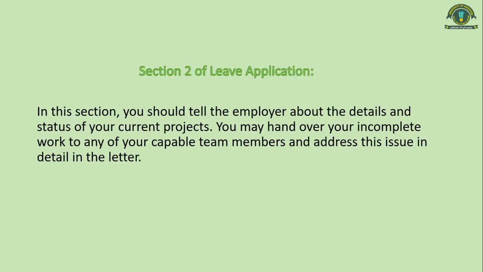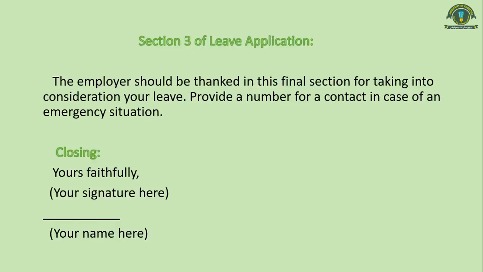Then you have to hand over your work to someone who will handle your work in your absence. Then you have to thank the authorities, and then you have to provide your contact number for contact in case of an emergency situation.